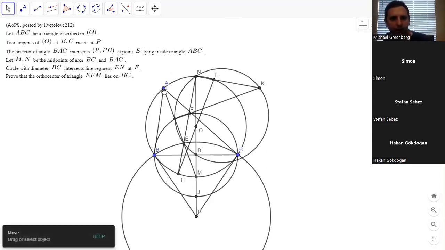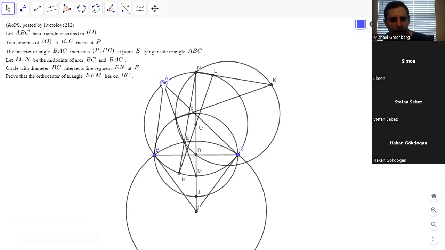I think that's an issue. We need to use that angle BFC is 90.